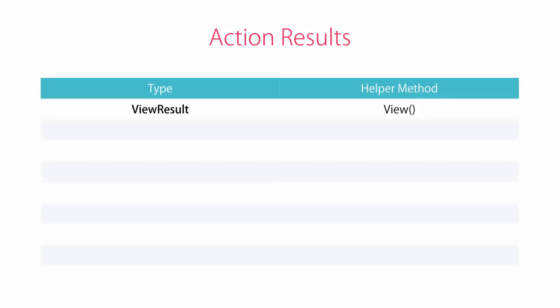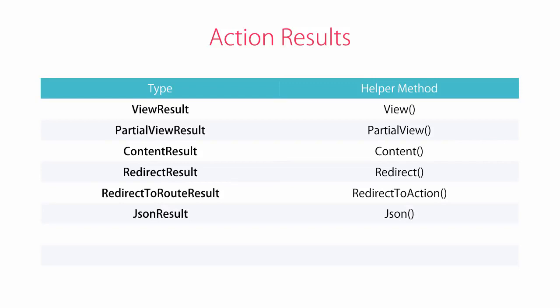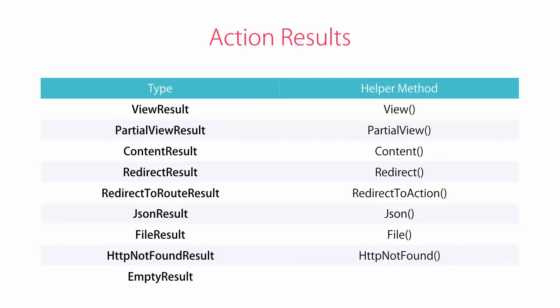Okay, view result is one of the action results that you work with most of the time. Let's take a look at other types of action results. We have partial view result to return a partial view, content result to return simple text, redirect result to redirect the user to a URL, redirect to route result to redirect to an action instead of a URL, JSON result to return a serialized JSON object, file result to return a file, HTTP not found result to return a not found or 404 error, an empty result which is used when an action doesn't need to return any values, like void.